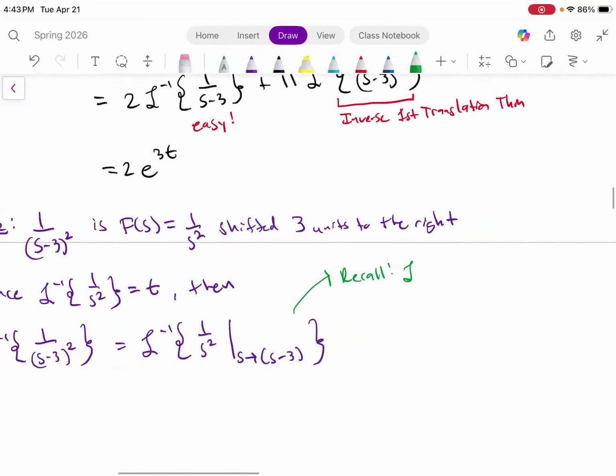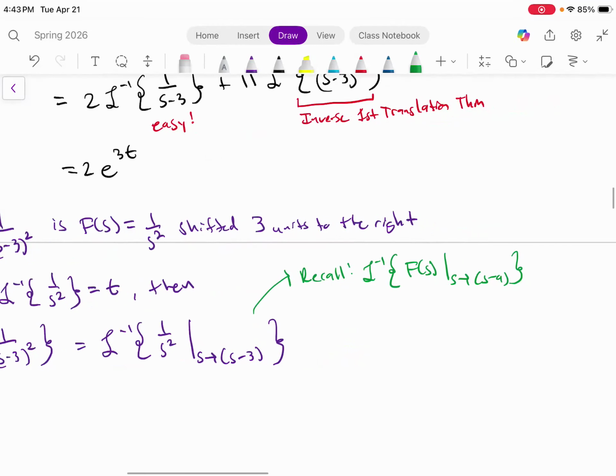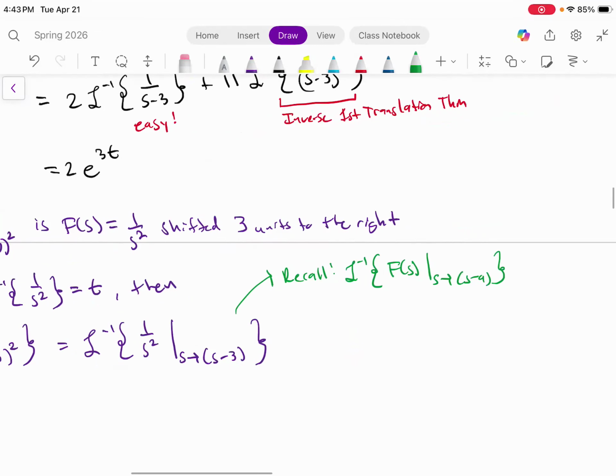Recall the inverse of f of s, where s is shifting a units. Well, what does that equal? e to the at f of t. So what would this equal?